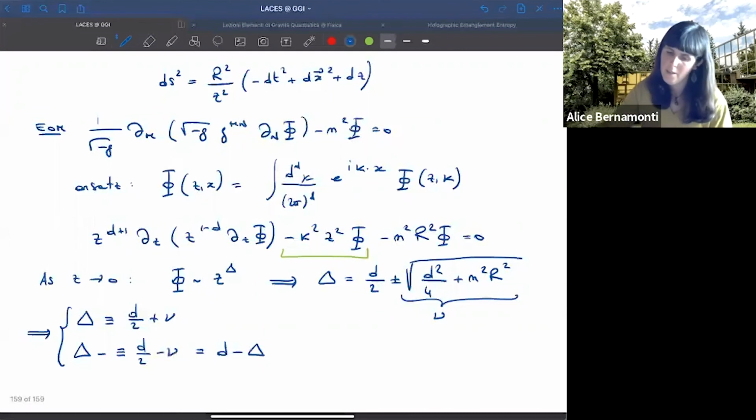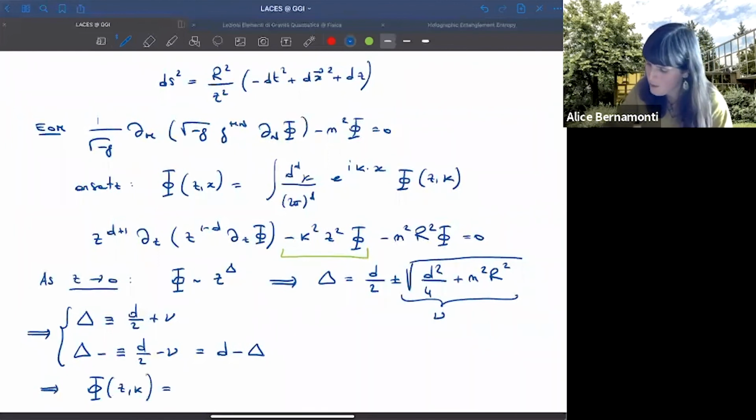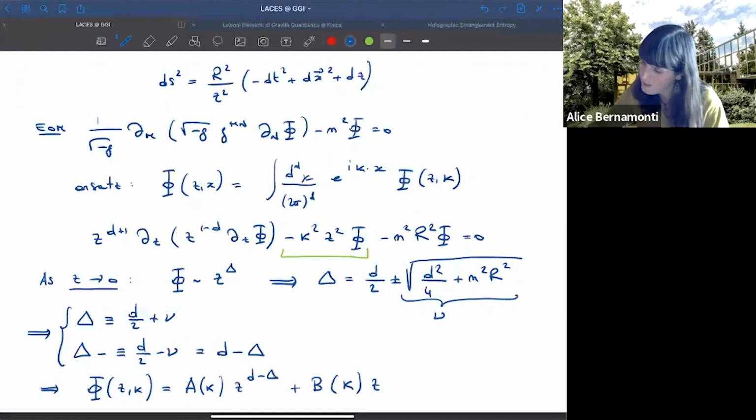And so then, and then I will stop. We see that the behavior of our scalar field near the asymptotic boundary of our spacetime, as z goes to 0, is the following. For the Fourier components of the field, it will be like A z to the d minus Delta, where A is a generic coefficient, and similarly for B, z to the Delta, plus other terms.